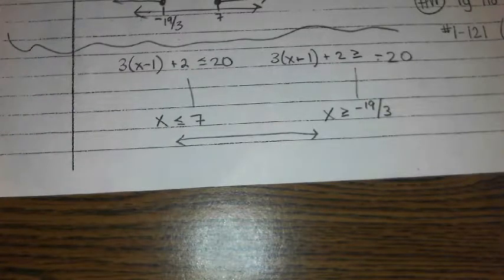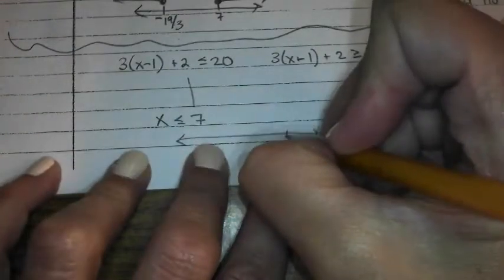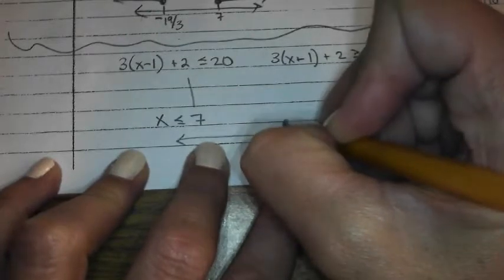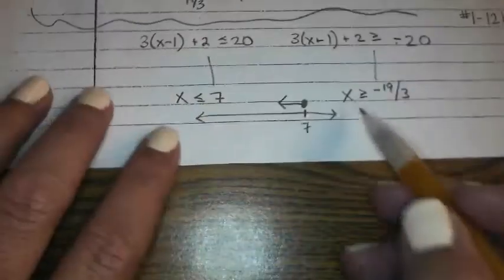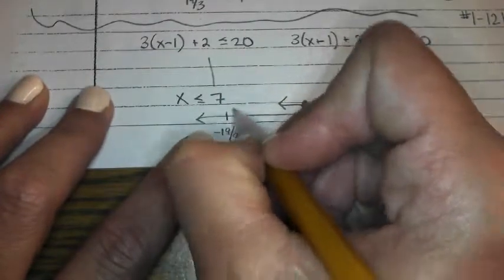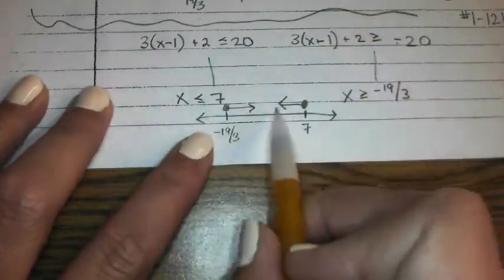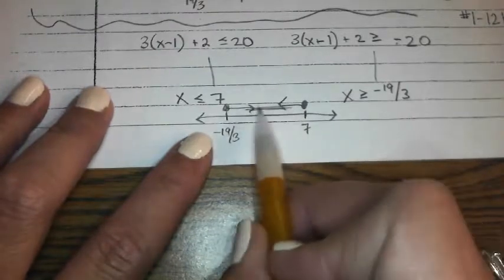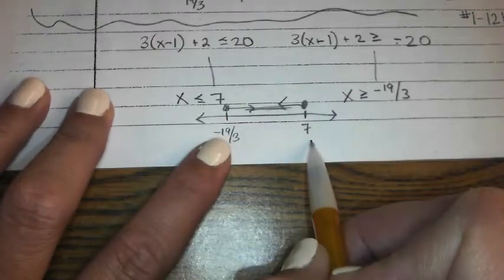So look at the difference with how these solutions are graphed. If x has to be less than or equal to 7, we're going that direction. Greater than or equal to negative 19 thirds, we're going that direction. Do you see how this one plots between the two numbers?